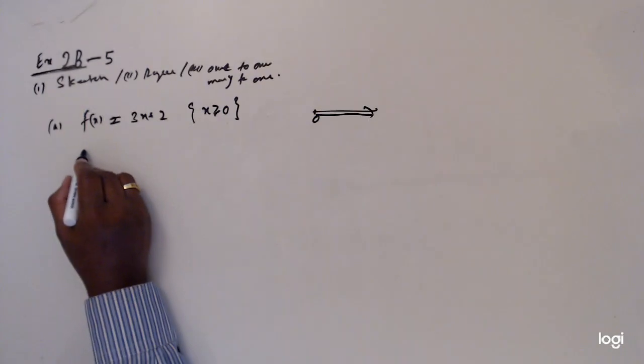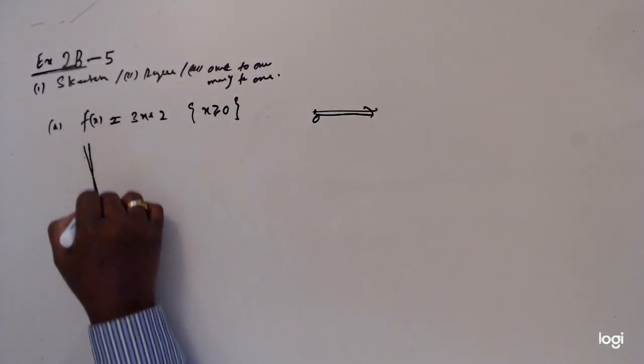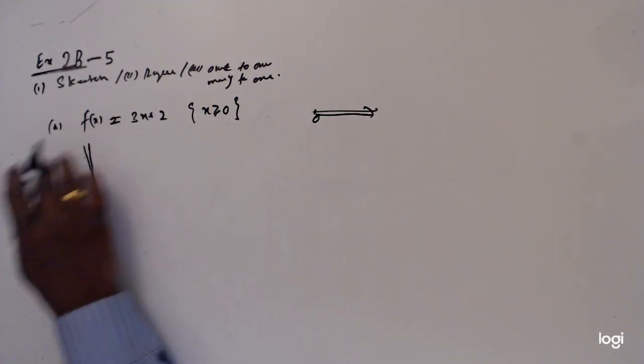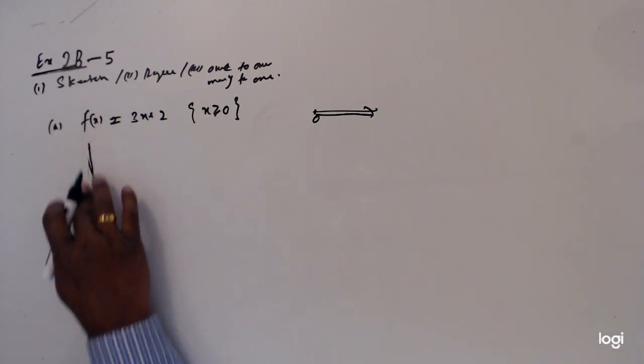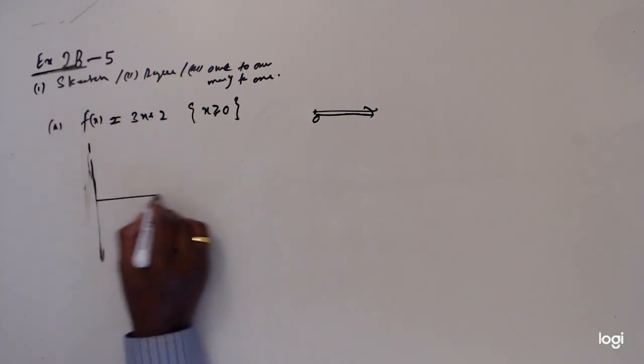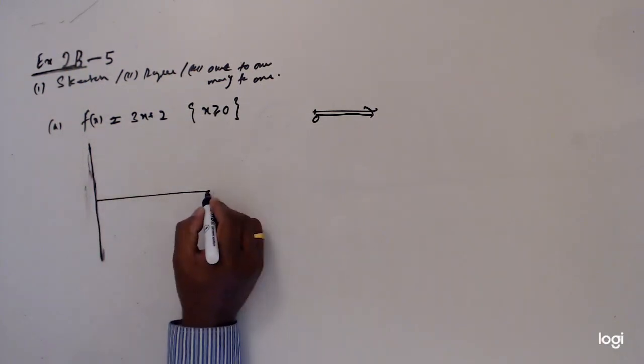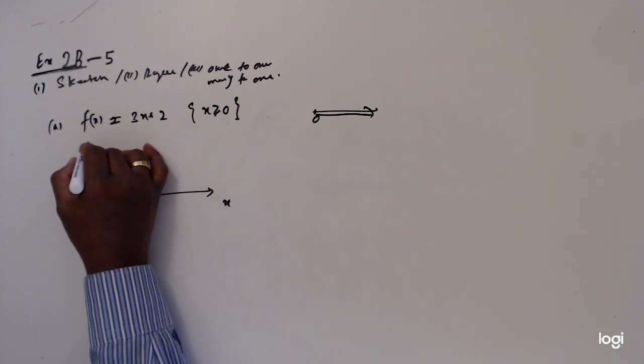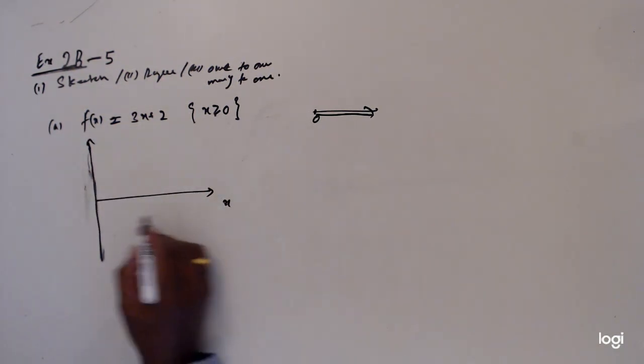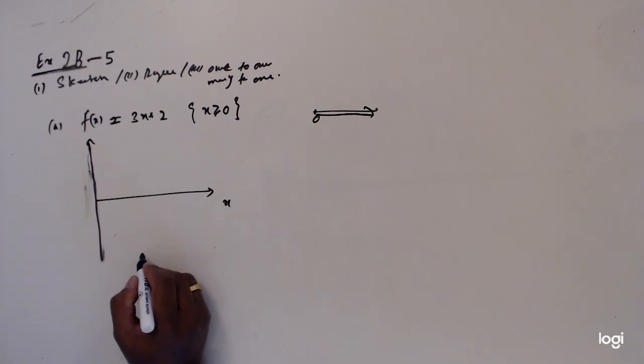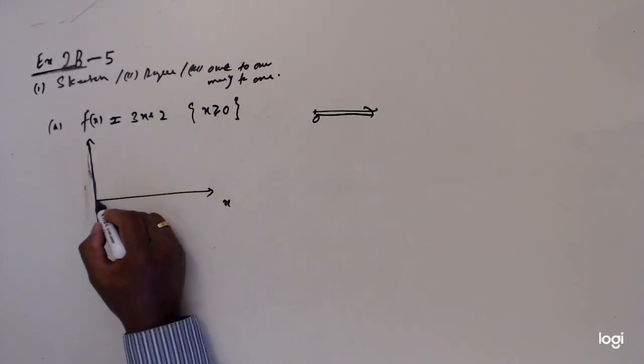It means we can have negative and positive y's, but only positive x values. Can we get 0? Yes.